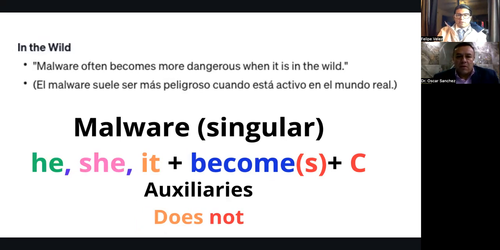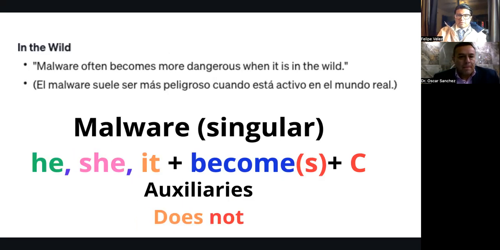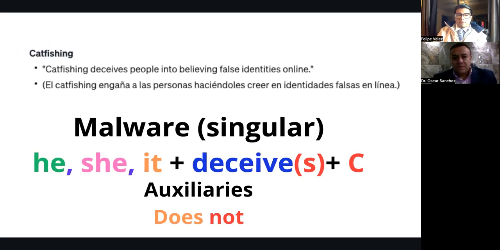Malware often becomes more dangerous when it is in the wild. Again. Companies firewall up their networks to protect against cyber attacks. Next. Malware often becomes more dangerous when it is in the wild. Then, catfishing deceives people into believing false identities online.